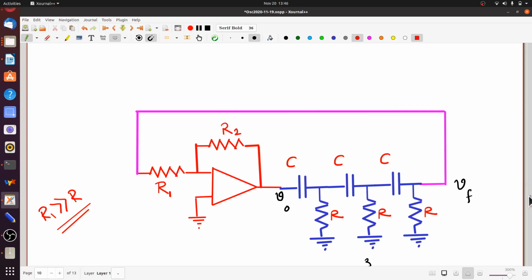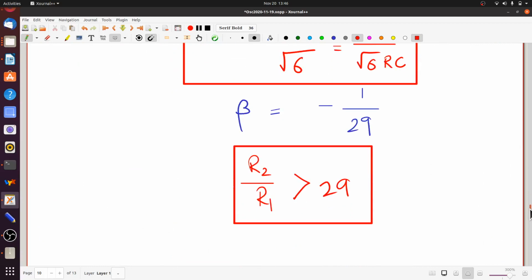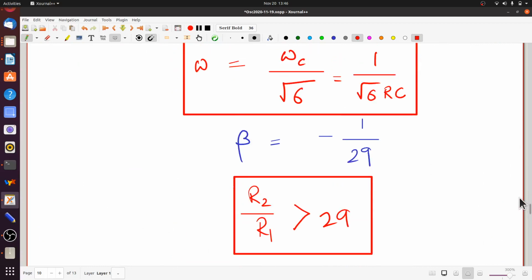So R2 by R1 has to be bigger than 29. So this is the condition for this particular oscillator to work. Once again, you need amplitude limitation components to put in, or you need to adjust your feedback gain to tune it to almost equal to 1 and so on.